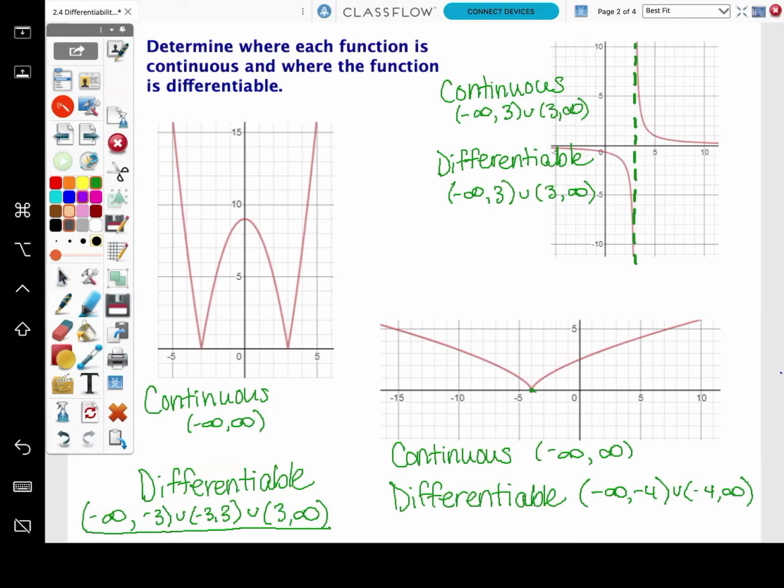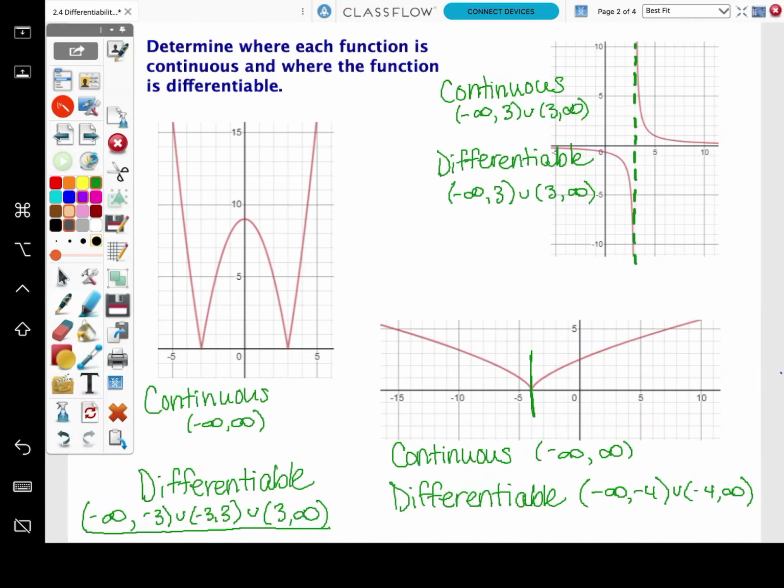Okay, the next function that kind of looks like the way I draw all my birds in art class has another sharp point there, but it is a continuous everywhere function, right? I can draw that whole thing without lifting up my pencil for any particular reason, so it is continuous everywhere, negative infinity to infinity, and differentiable everywhere except this one little point.